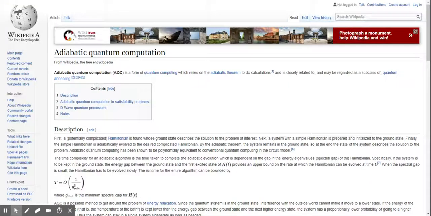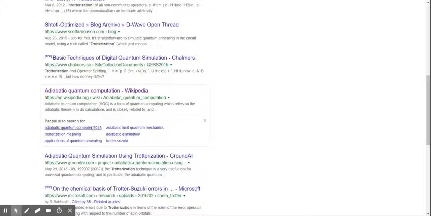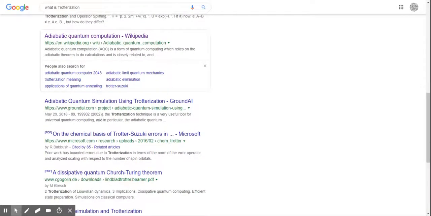Adiabatic quantum computation, but why would that appear? Trotterization technique.